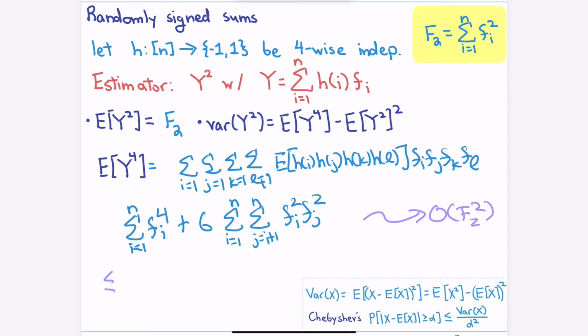If this thing was less than or equal to something times f2 squared, how small can I make that blank? Is this square on the outside or on the inside? Because we want it as big on the outside.